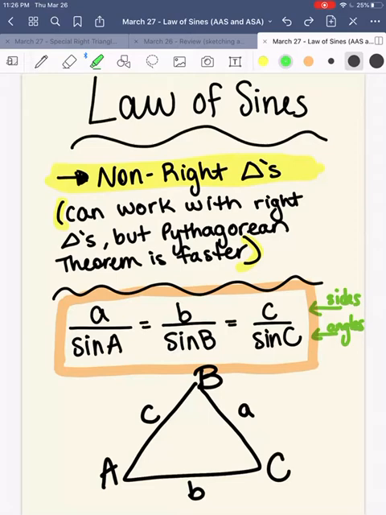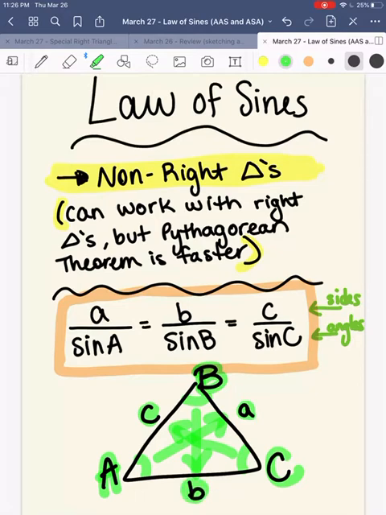Okay, so just to let you know, when we have a triangle with A, B, and C as our angles, those are our vertices. So that means this angle, and this angle, okay? Directly across from them should be their lowercase letter. So directly across from C should be lowercase c, and directly across from capital B should be lowercase b.